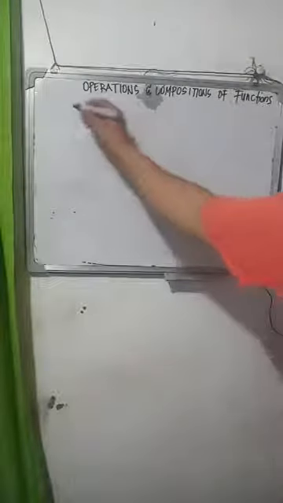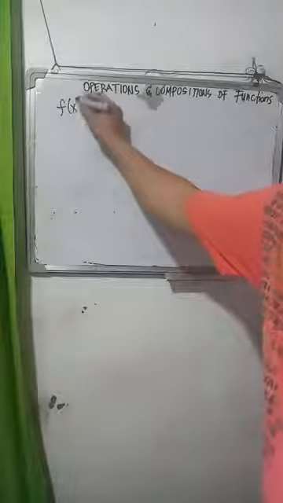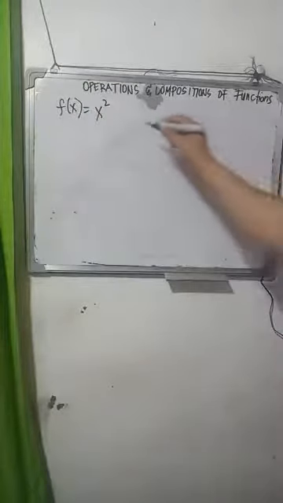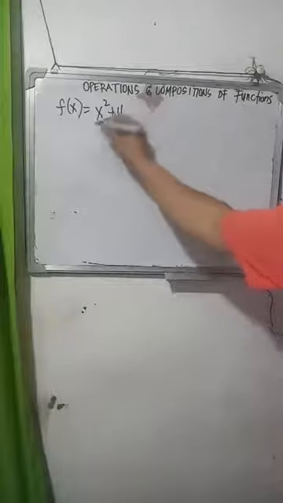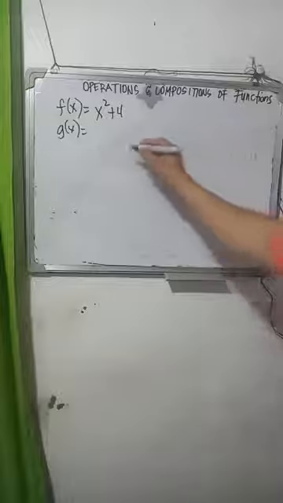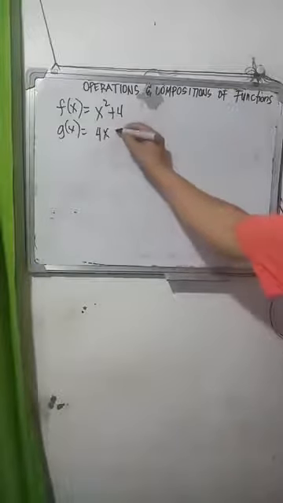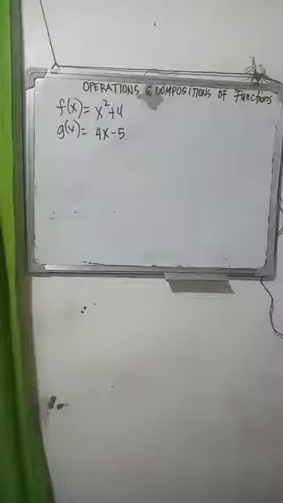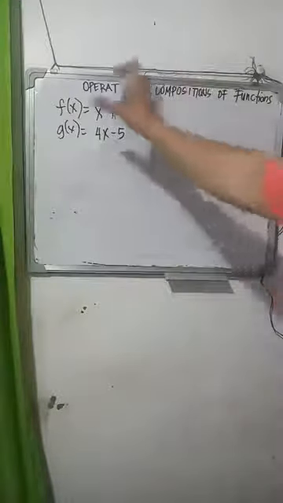We have f of x equals x squared plus 4x and g of x equals 4x minus 5. Next, out of these given functions, find the sum.